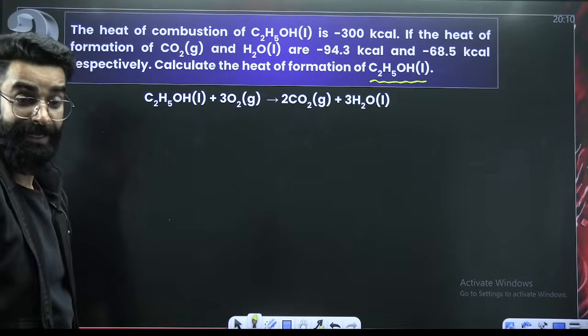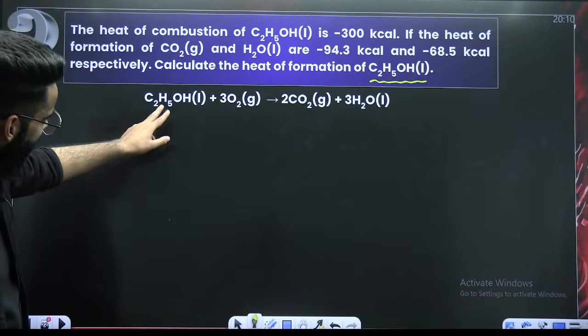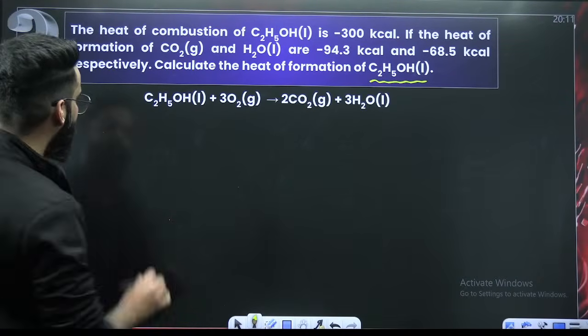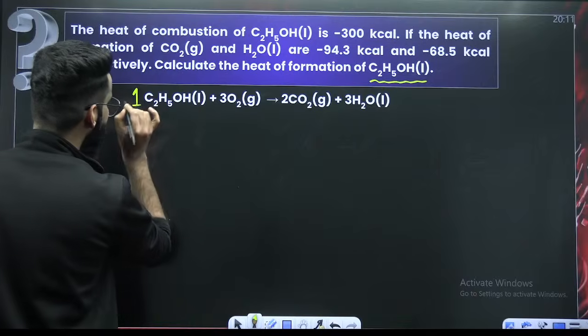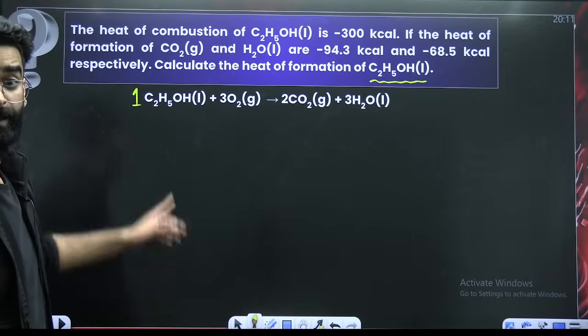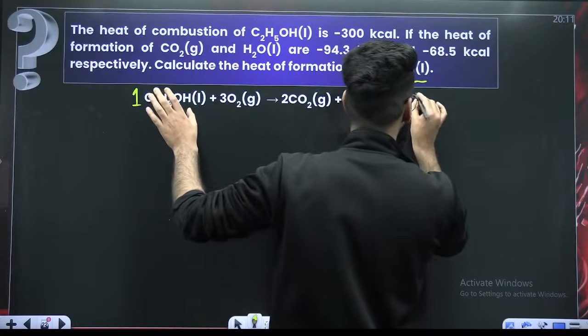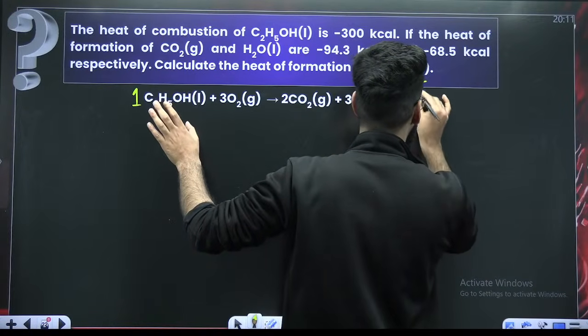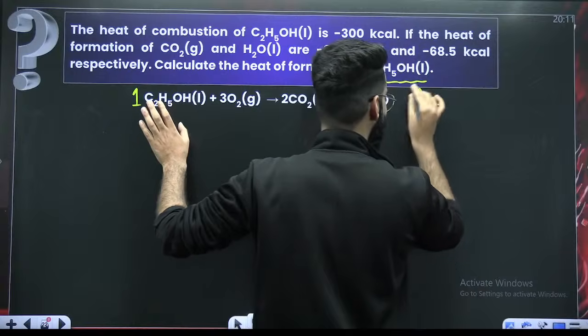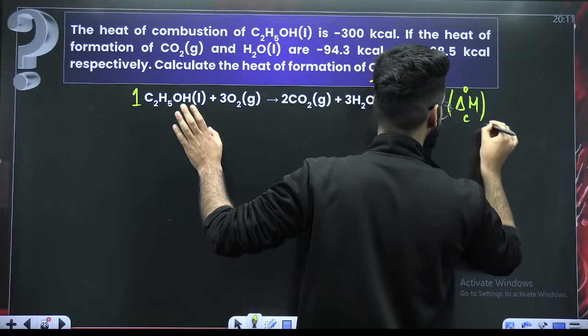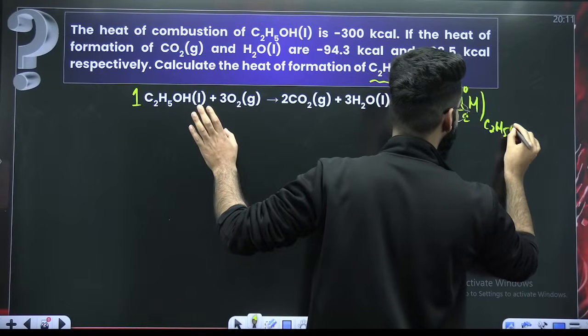Look at this, people. Quickly. If you look at this particular reaction which is given to us, try to understand carefully. Can we say 1 mole of ethanol is undergoing combustion? Absolutely. 1 mole of ethanol is undergoing combustion. And when 1 mole of substance undergoes combustion, the standard enthalpy of reaction is also called the standard enthalpy of combustion of ethanol.